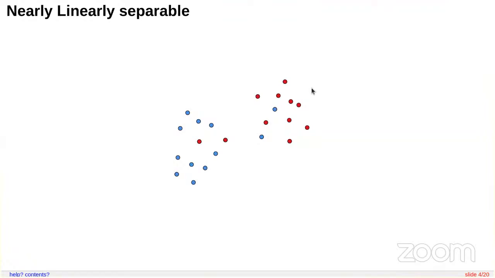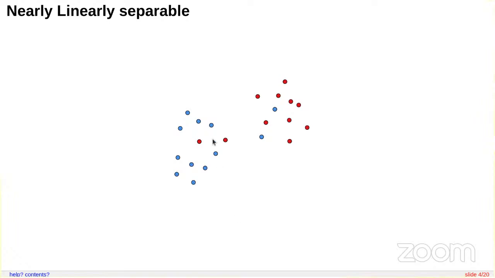Okay, so we now come to the soft margin case, where it is nearly linearly separable. It's not linearly separable, but still there is some kind of chunking here, right? So I can draw a line technically, but I'll end up making mistakes, but that's fine.